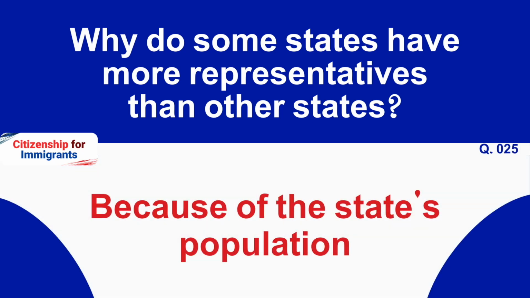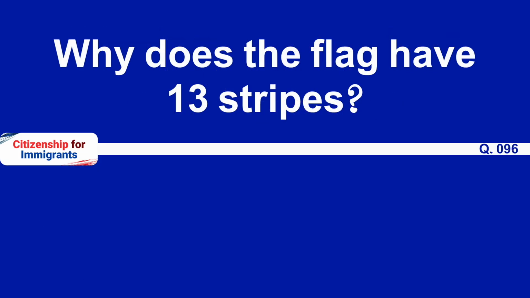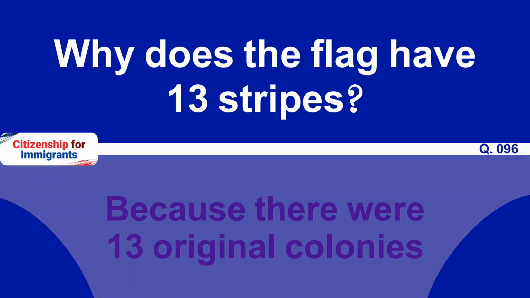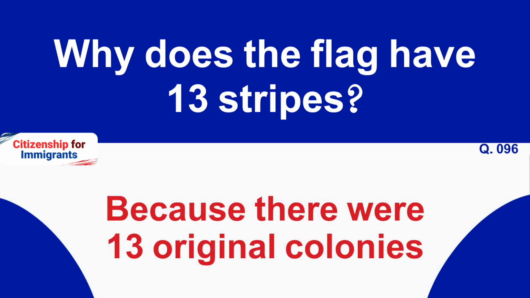Because of the state's population. Why does the flag have 13 stripes? Because there were 13 original colonies.